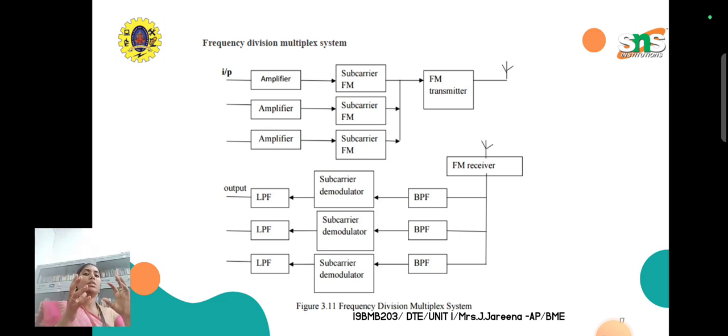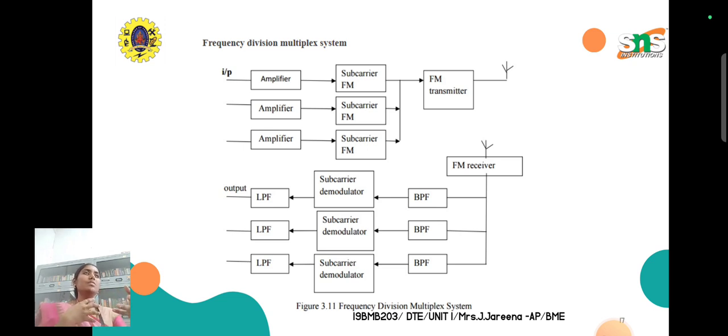For frequency type multiplex, one well known example is telephone conversation. Based on your sound frequency, the carrier's frequency will get varied accordingly, and then it is transmitted to some distance. That is the frequency signal.